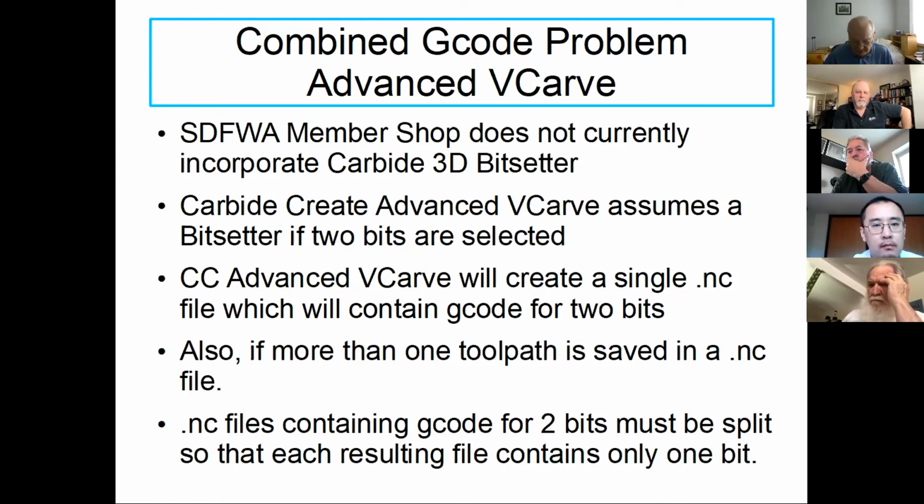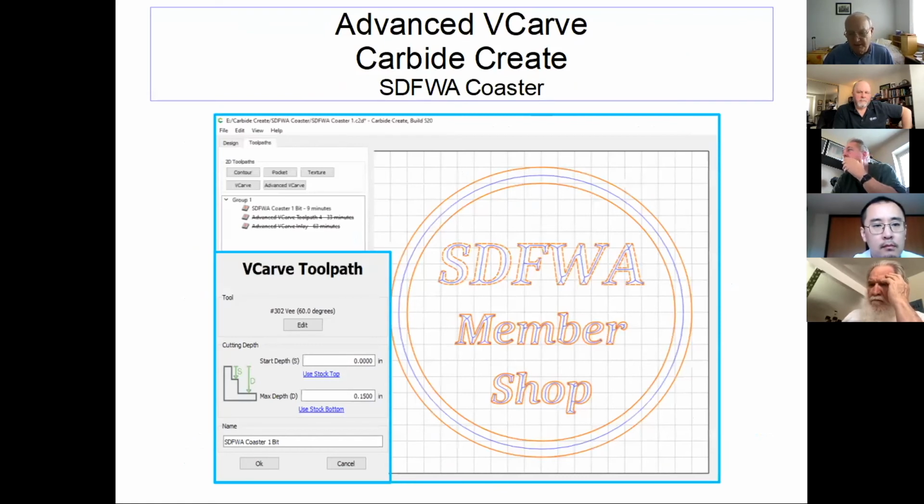So somebody in their infinite wisdom and understanding came up with a way to split the bits. So if we're going to create an inlay, as we just presented, the first thing you're going to do is create the female side of the artwork.